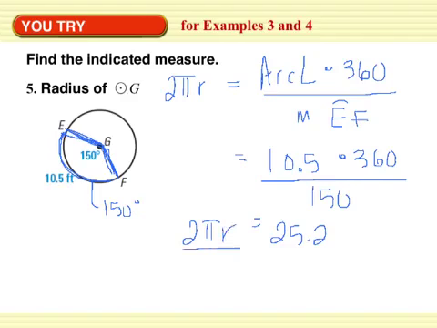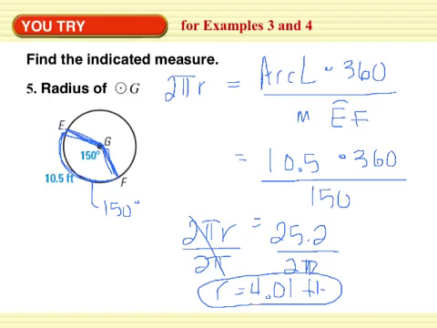I'm actually looking for radius, so I'm going to divide both sides by 2 pi. And I get a radius of 4.01 feet. With that corollary, we really have to be able to move it around and solve for different things in it, because we've just used it 3 different ways.